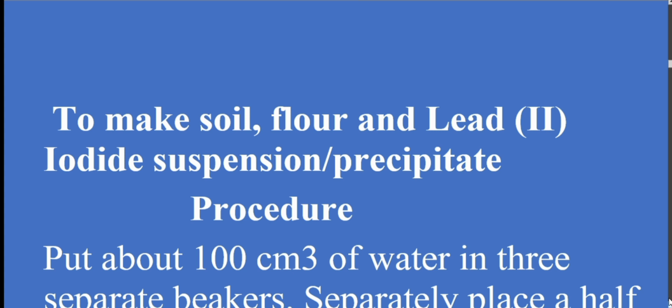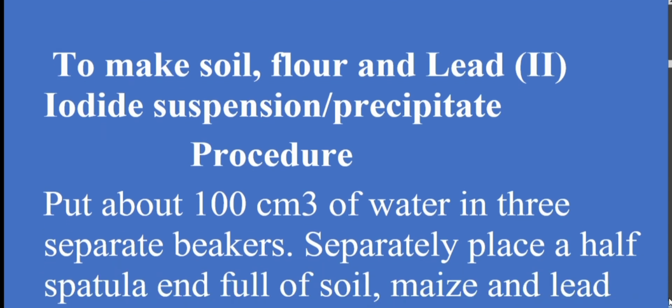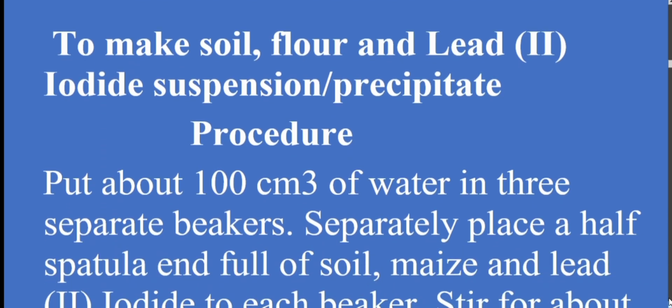In fact, those are three experiments: we have soil, we have flour, and then lead 2 iodide. We are carrying them out to see the formation of a suspension or precipitate.